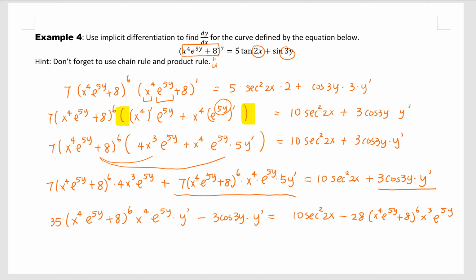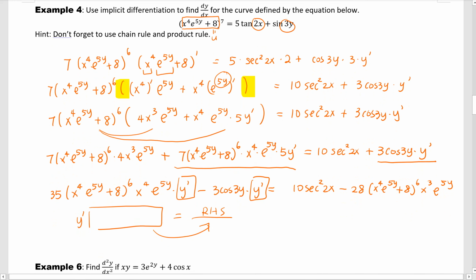Okay, now you see, because they have the common factor y prime, you can factor out y prime, and then you use your right hand side divided by this. Okay, so what is that?